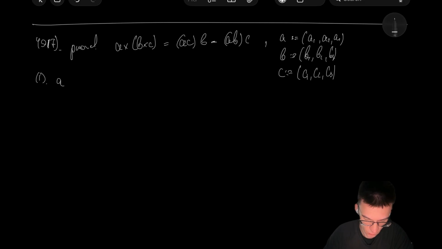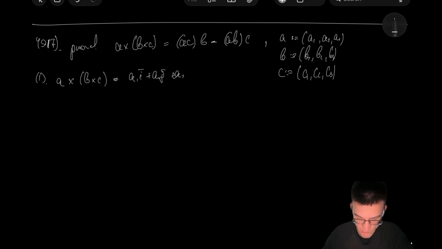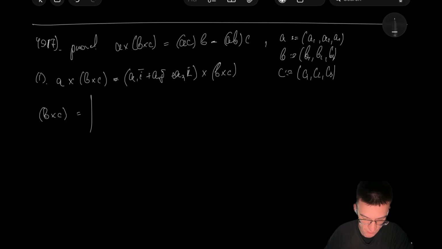So first of all, we know that A × (B × C) is not just a determinant, it's the following product. First of all, we have A1 i plus A2 j plus A3 k, cross product with B cross C. Meanwhile, the cross product B × C is a determinant with rows i j k, B1, B2, B3, C1, C2, and C3.